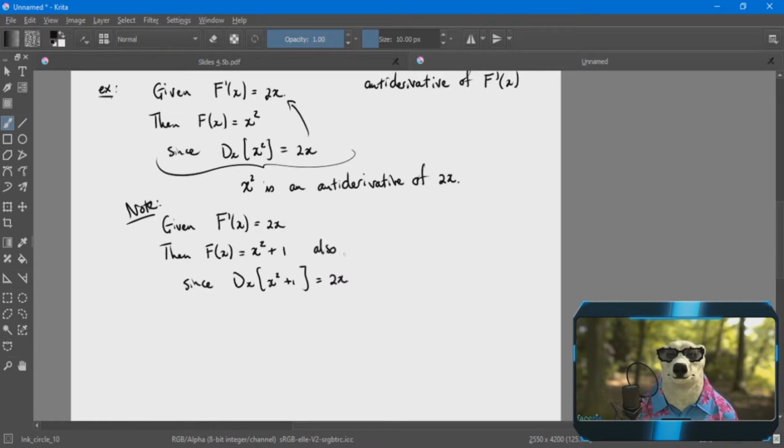So when I look at this direction, there isn't just one answer. There are multiple answers. It's not unique anymore. In the case of our example, if my target for a derivative is given to be 2x, that could come from a variety of functions. Also, for example, my original function could have been x squared minus 3, and many more.